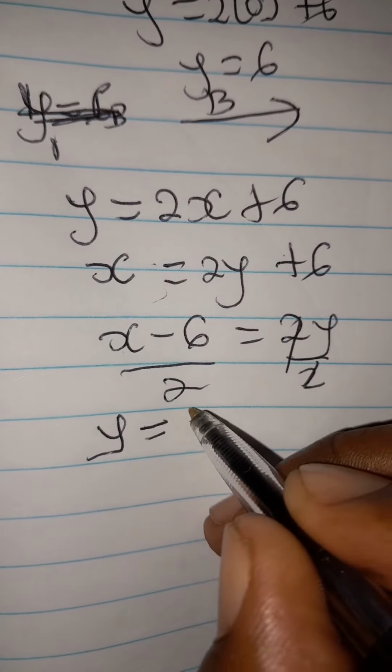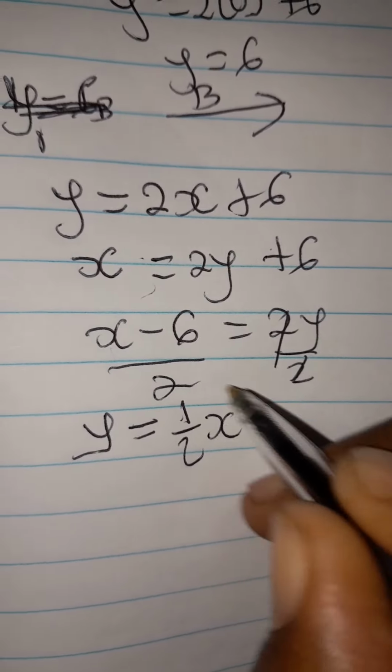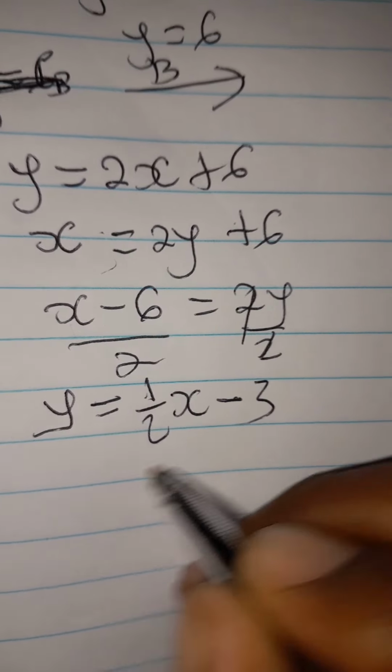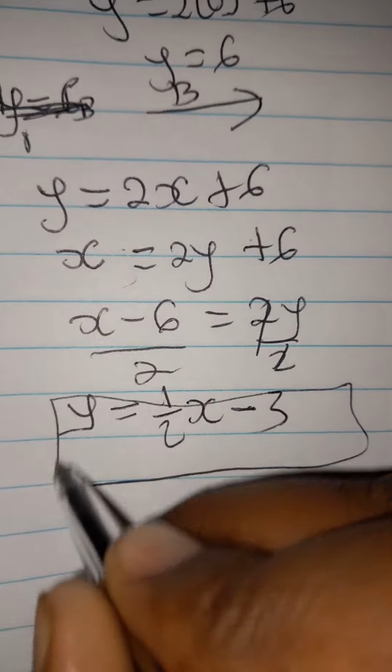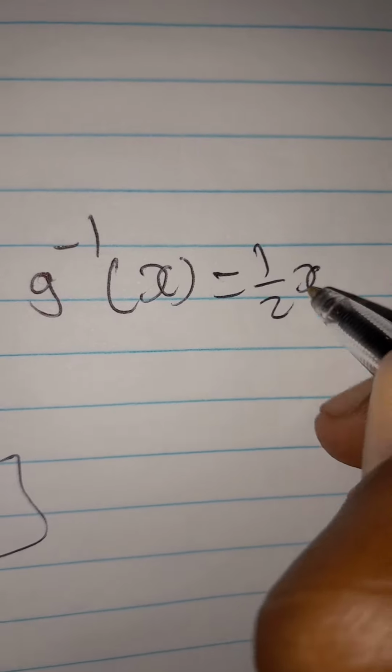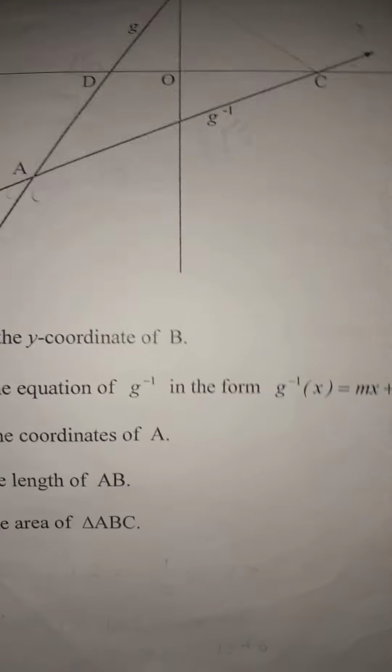So x divided by 2 is the same as half x. How many times does 2 go into 6? It goes 3 times. So it's going to be half x minus 3. They wanted us to leave it in the form of g inverse of x equals half x minus 3. So that's how you get those 2 marks.